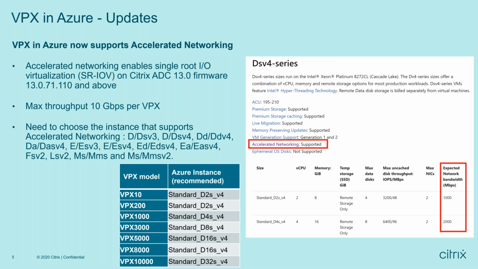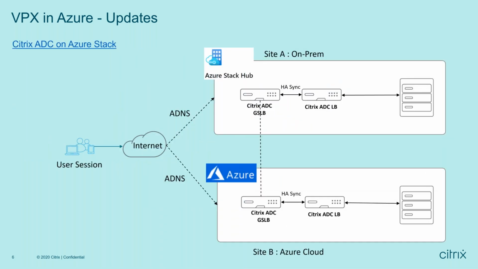Moving on, the next update on Azure was Azure Stack. In Q1 of 2021, we released Azure Stack support. One thing pending was making the Azure Stack offering publicly available. So in the last quarter, we provided an update wherein the Azure Stack offer of Citrix ADC is now available publicly.